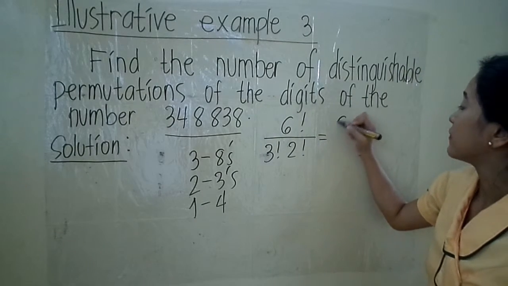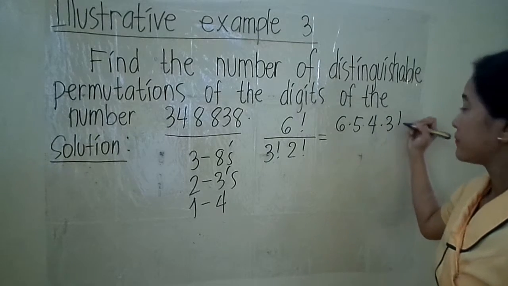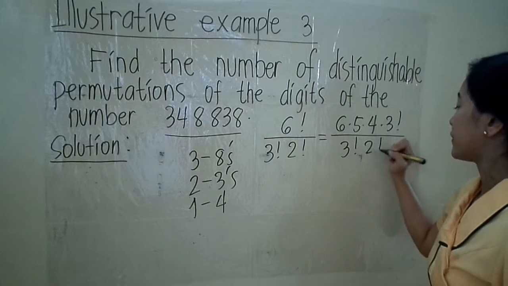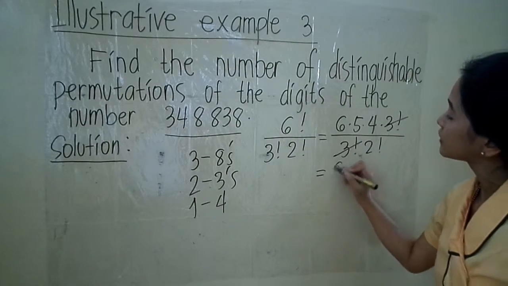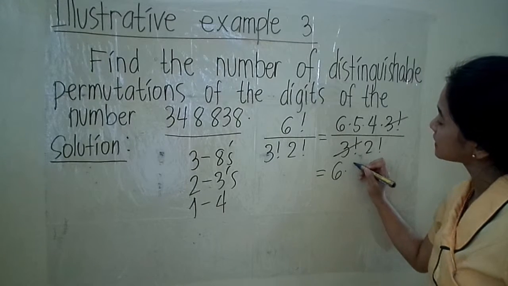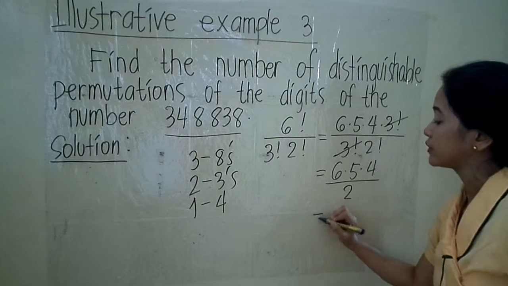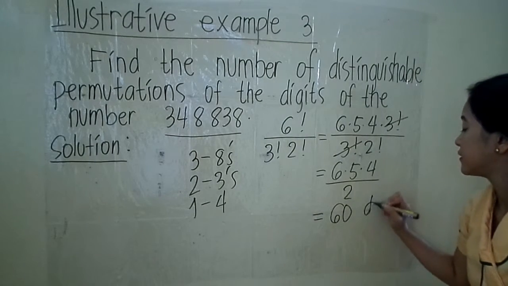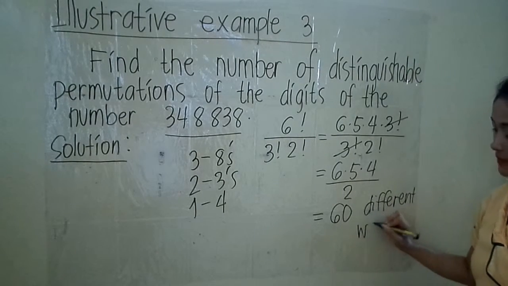So we can now have 6 times 5 times 4 times 3 factorial over 3 factorial and 2 factorial. So cancel 3 factorial. So this becomes now 6 times 5 times 4 over 2. So the answer is 60 different ways.